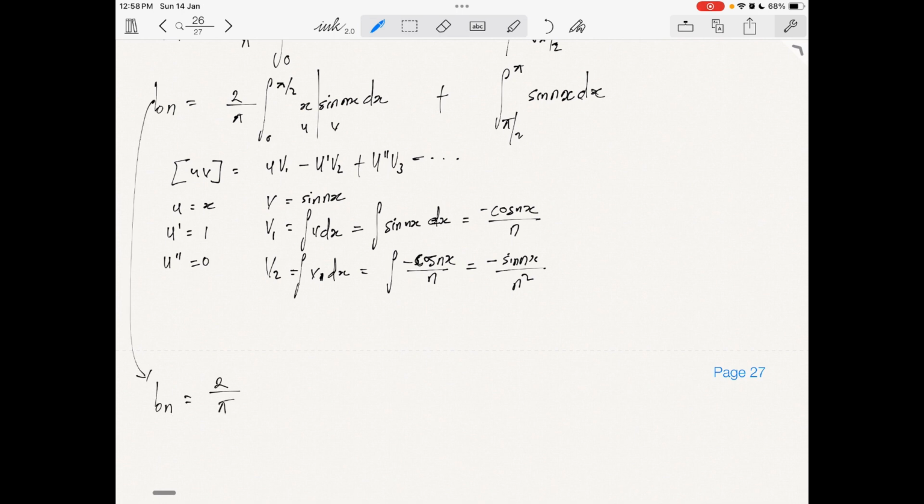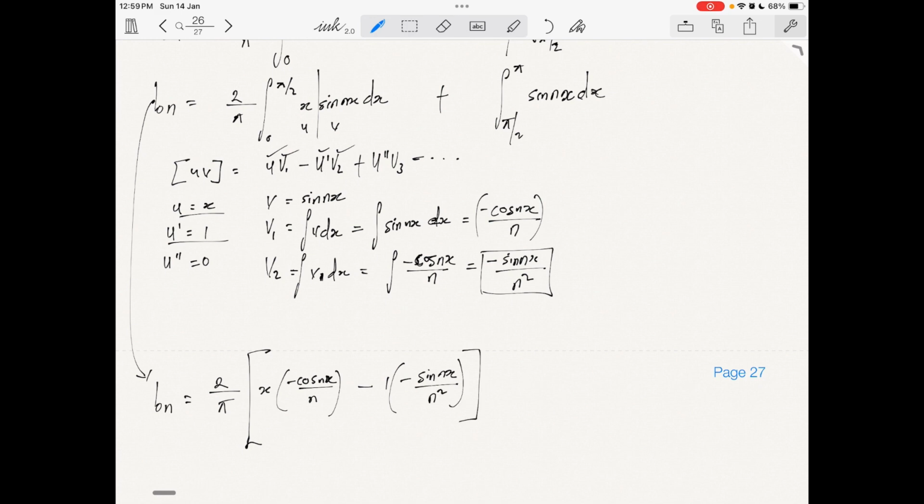So we can continue solving our bn. That's 2 over pi. Since we are dealing with uv, we have u, that's x, v1 is minus cos nx over n, minus u prime, that is 1, and v2 as minus sine nx over n squared, from limit of 0 to pi over 2.